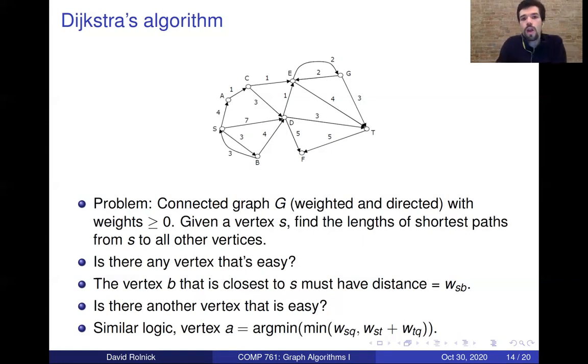Well, no, there couldn't, because a shorter path to A would have to either go to B and then to some other vertex. So it would have to go like SBD. But we know that A was the min of this.